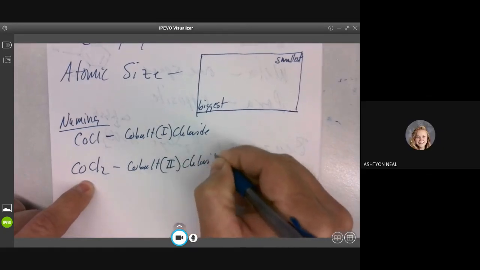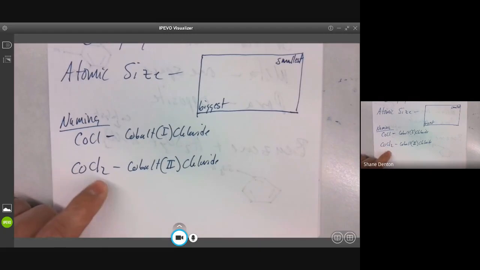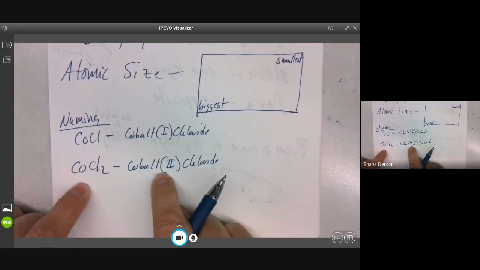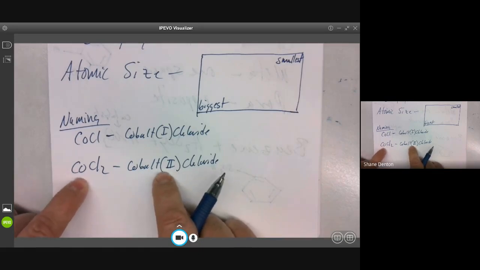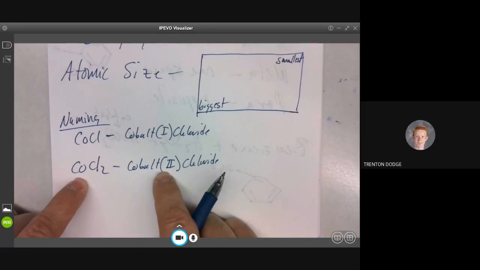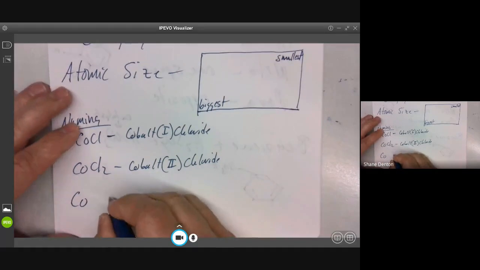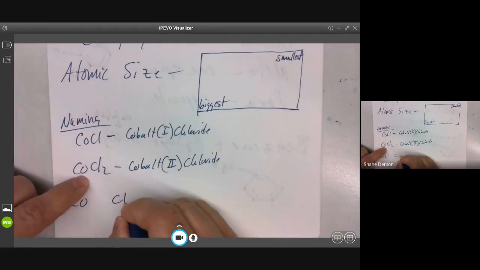Why? Because of the 2. Yeah, but do you remember why that was? Remember that 2 is not how many there are. It is the charge on that cobalt. The charge, right? So I would have had this, then I would have had Cl2, right?